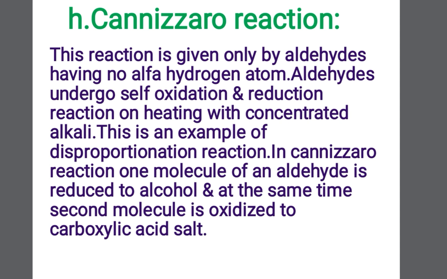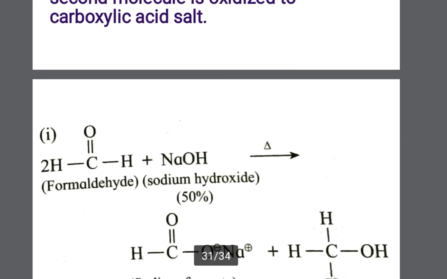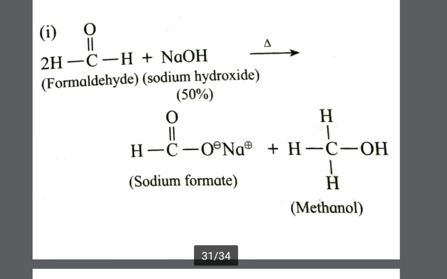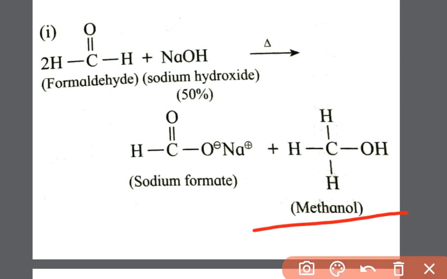What is Cannizzaro reaction? See, here is the general idea or description, but the actual reaction is here. Here in the reactant, there are two molecules of aldehyde reacting with base NaOH. In Cannizzaro reaction, one molecule of an aldehyde is reduced to alcohol. See here, methanol.